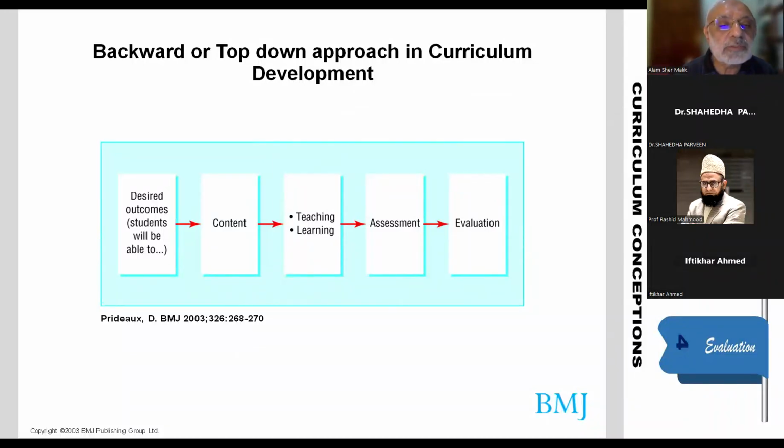Based on those learning outcomes, we identify the content, and then we identify the teaching-learning methods. Based on the outcomes, the assessment methods would be identified, and even the content would be identified, the way it is taught. And finally, there would be an evaluation.